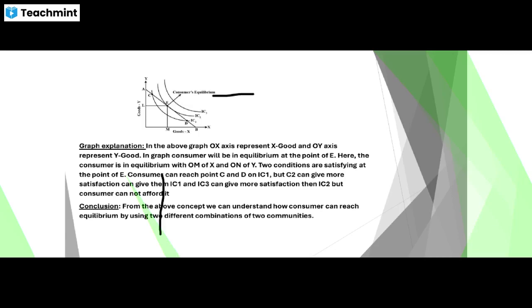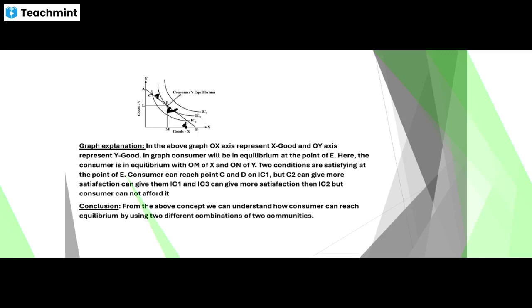See here, at the point E, the budget line is tangent to the IC2 curve. And at the points C and D also, the budget line is tangent to the IC curve. But the points C and D are not the minimum point of the IC curve.